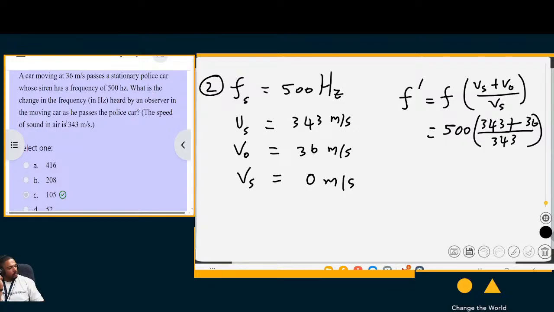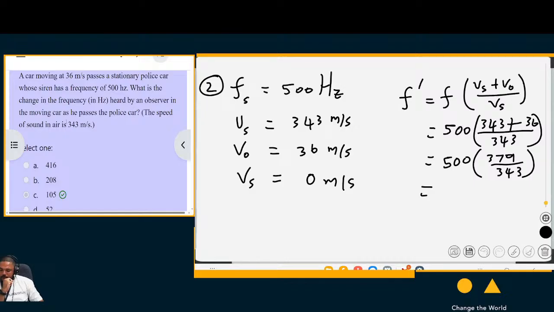Now you should know, since these two are moving towards each other, the frequency heard by the observer should be higher, and this is what we expect. So 500 multiplied by 343 plus 36, that's 379, divided by 343. That should be a positive fraction, so the fraction should be 1 point something.